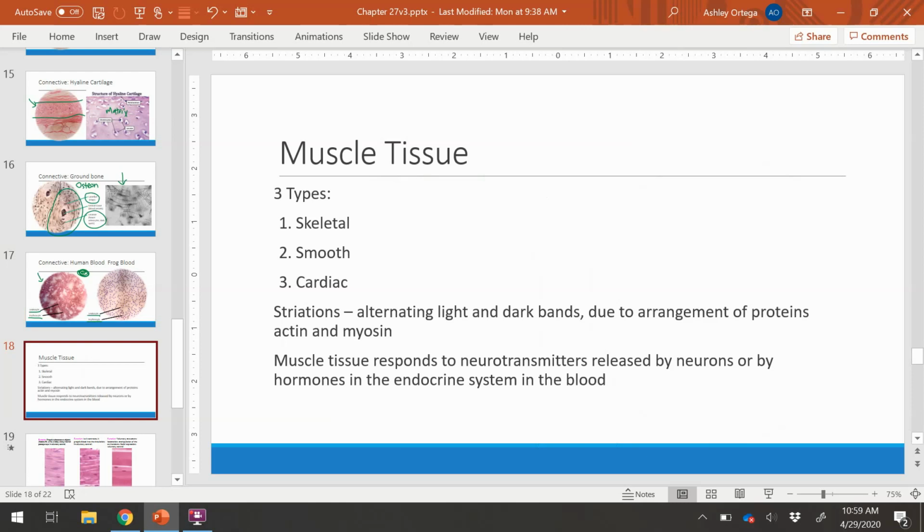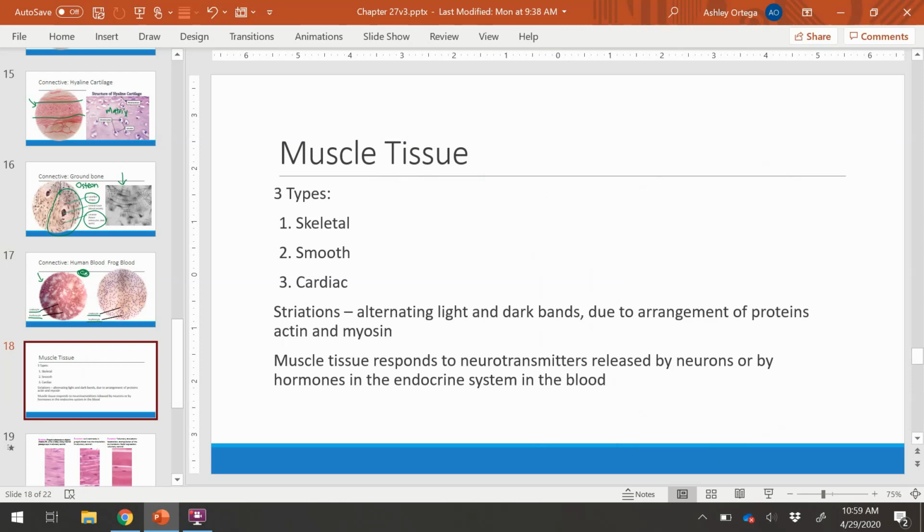Striations are alternating light and dark bands. This is due to the arrangement of the proteins actin and myosin, which connect by hinging and moving in different ways. They're going to move the muscle cells.